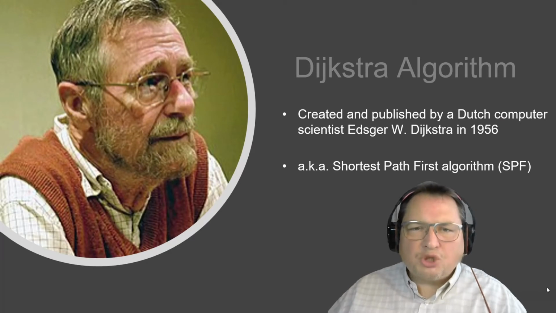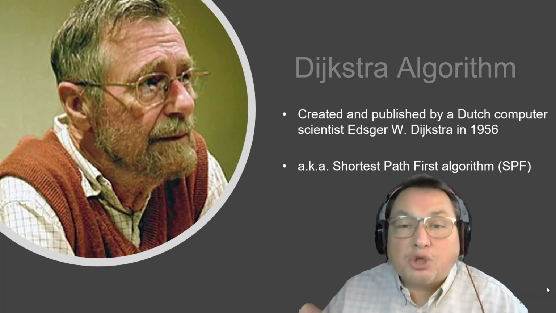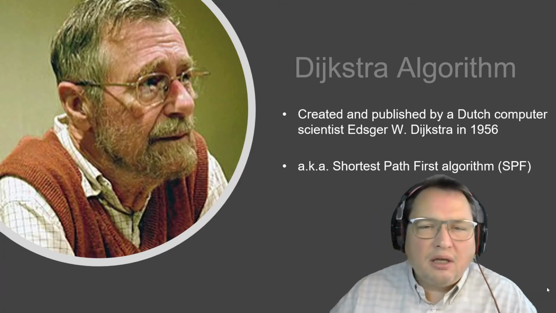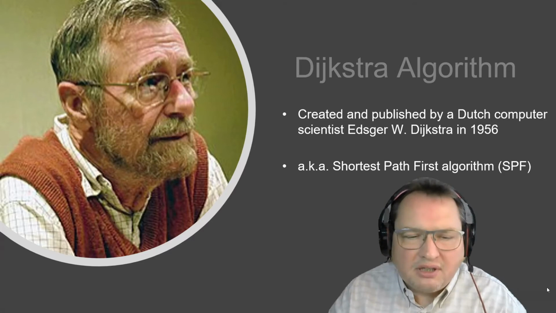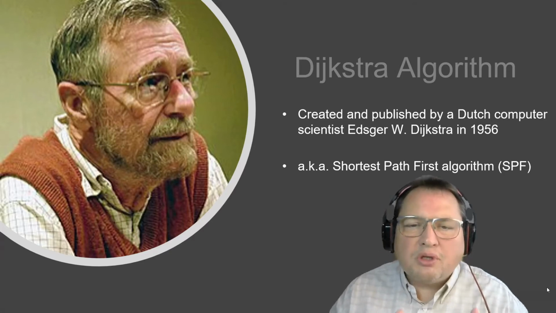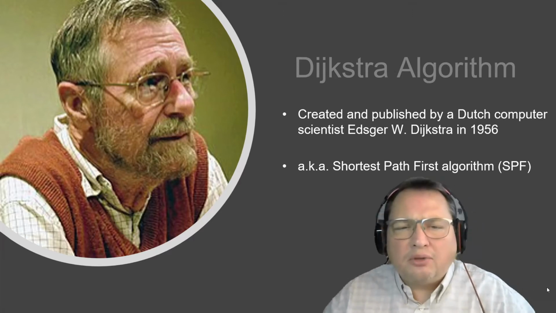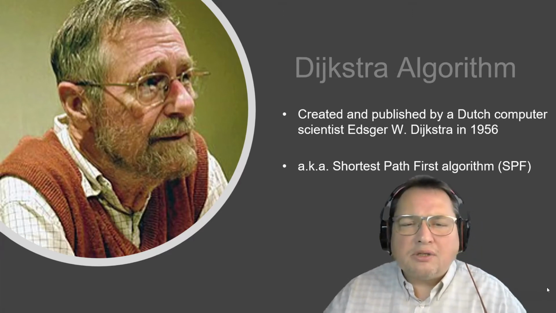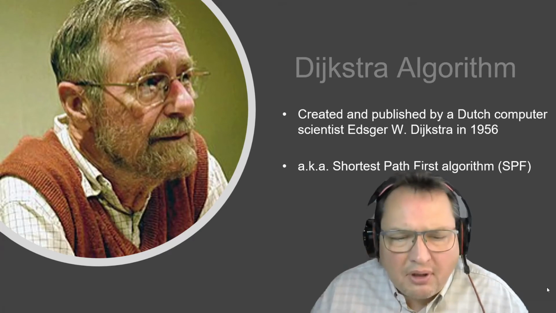So, Dijkstra algorithm was created and published by a Dutch computer scientist, Edgar Dijkstra, in 1956. It was originally a purely graph processing algorithm, known then as the shortest path first algorithm, or SPF.